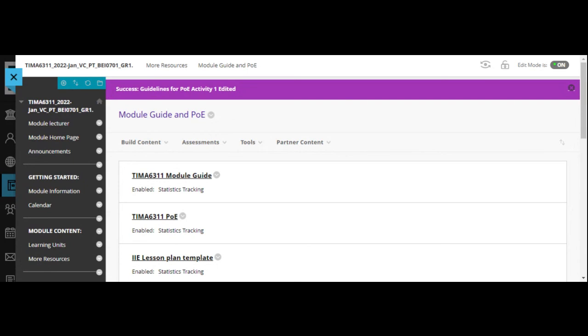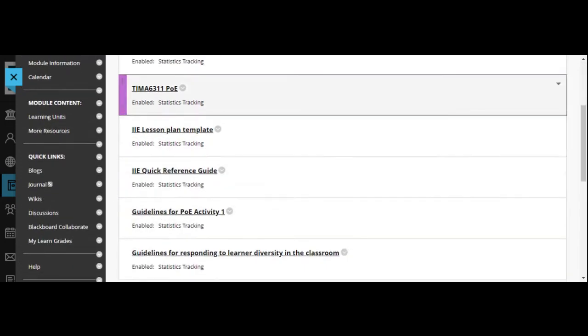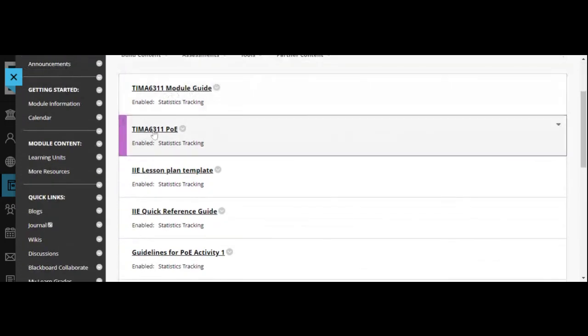Then you click on the heading Module Guide and PoE. And then you will see the Module Guide, the TIMA PoE, the document.